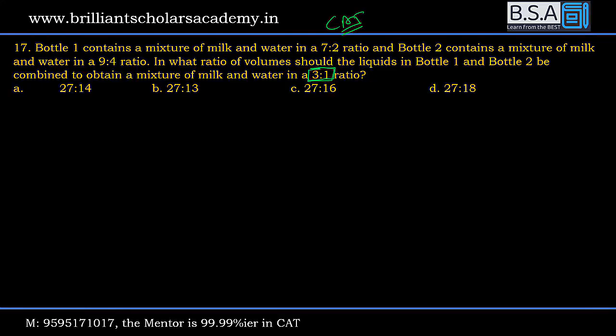Now, there's a concept of allegations. If you know that concept of allegations, you could solve this question in 3 to 4 steps. If you apply common sense and notice patterns in numbers, you might be able to get the answer faster.